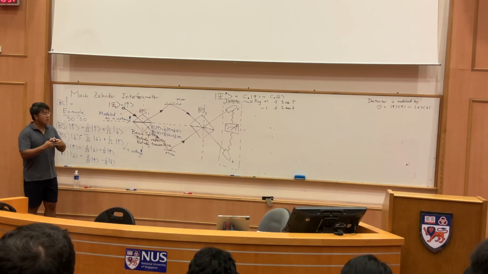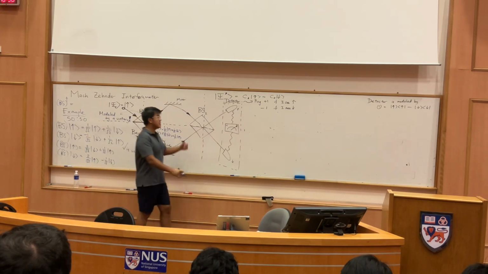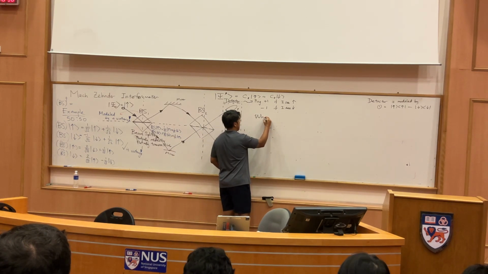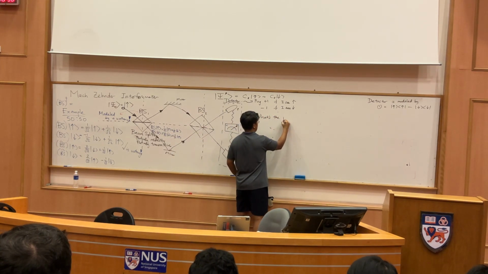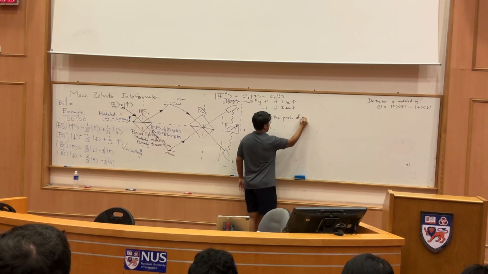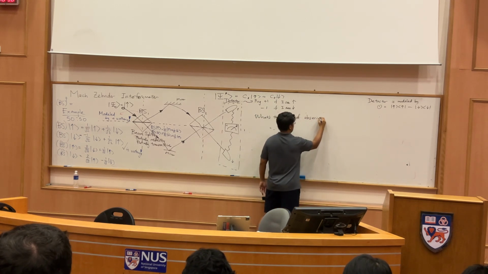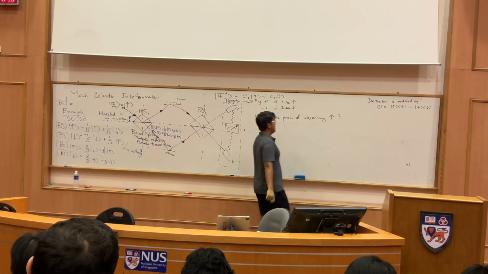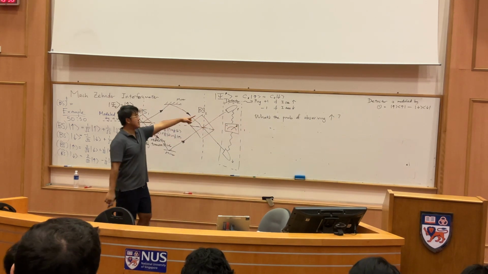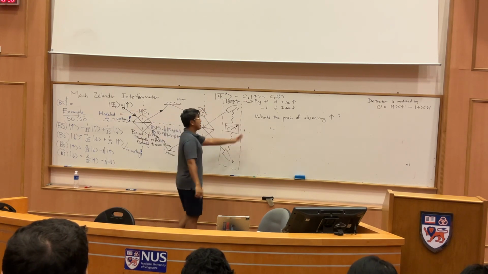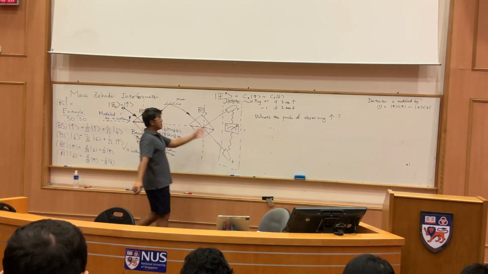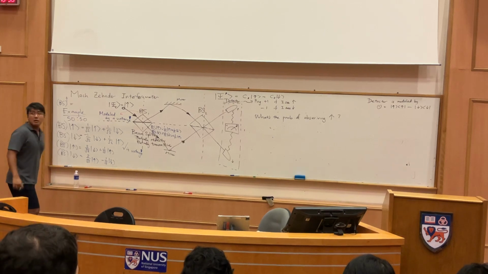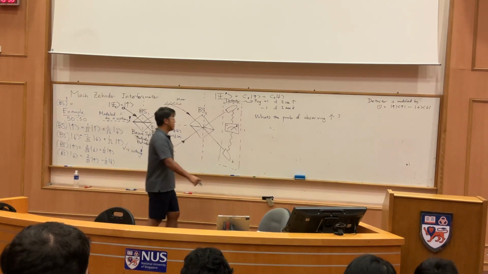So what's the probability of now observing up? Observing up is the same as observing the eigenvalue plus 1. Okay, so how do we solve it? What do we need to do?